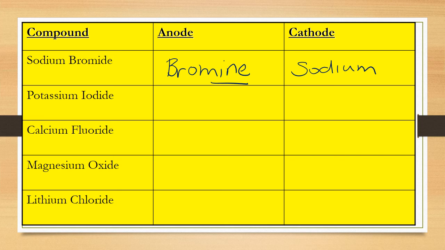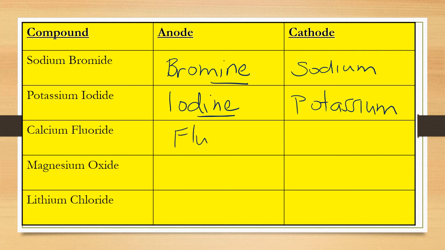Potassium iodide is going to form iodine. Again, notice it's iodine, not iodide. And good old potassium, which we eat our bananas for. Calcium fluoride is going to be fluorine, that wonderfully toxic, highly reactive gas, and calcium is the metal at the cathode.